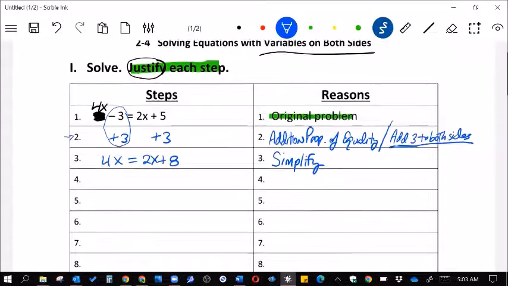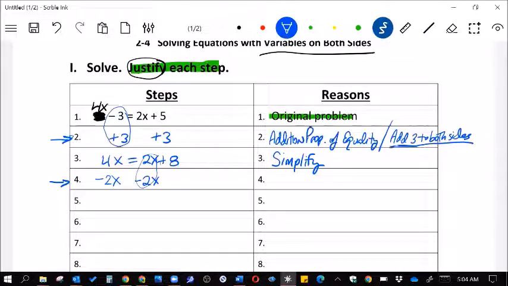Now that we have that, we'll do another step, but just like this step here was showing what the step was going to be, that's what we're going to do on the next one. So on the next one, I see that I have x's on both sides and I want to get the x's together. So if I subtract 2x from here, that will make this 0, and I'll get 2x on the other side.